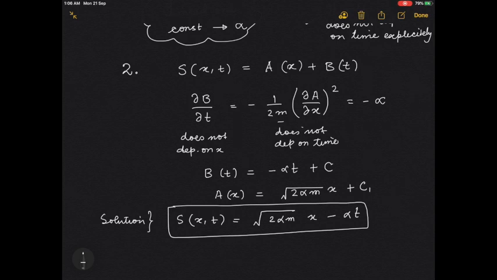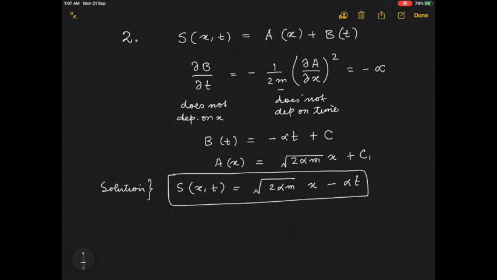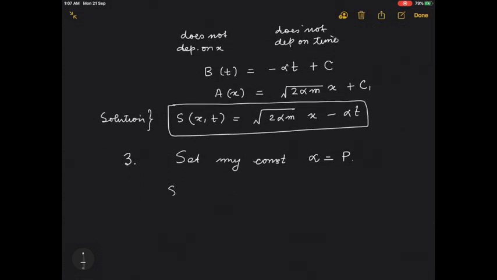If I do that, I have my solution for S, and it involves one constant. So I set that constant alpha to capital P, as we said before.